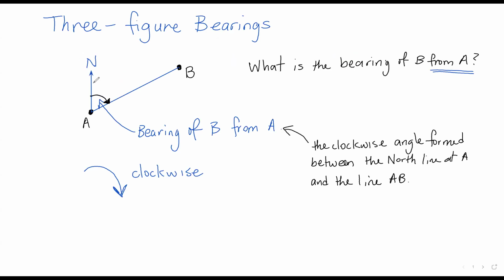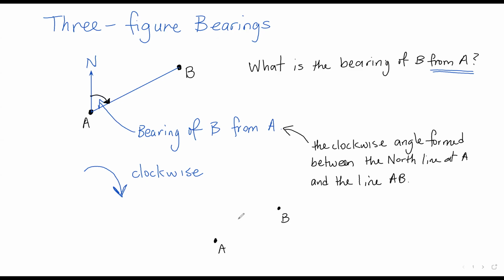If you have 2 points, let's say A and B, and you want to know what is the bearing of B from A, first thing, from A, so your north line goes at A, right? So that's why I'm going to draw it over. So this is A and this is B here. If I want to know what is the bearing of B from A, I will identify my starting point.